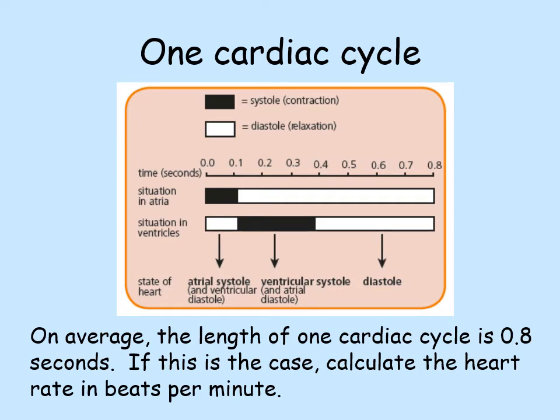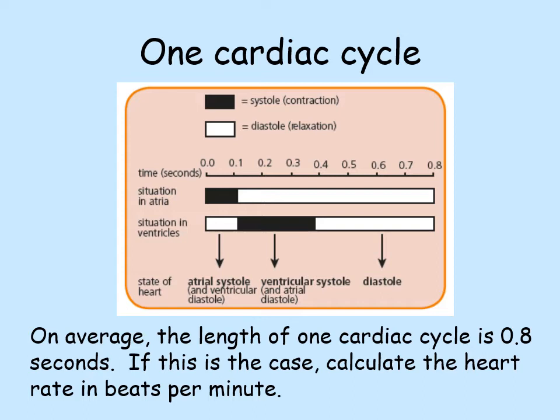Sometimes in an exam, they might ask you to calculate the heart rate of an individual in beats per minute. They might give you a diagram like this and expect you to work out what someone's heart rate is. This diagram shows one cardiac cycle, and you must remember that one cardiac cycle equals 1 heartbeat.